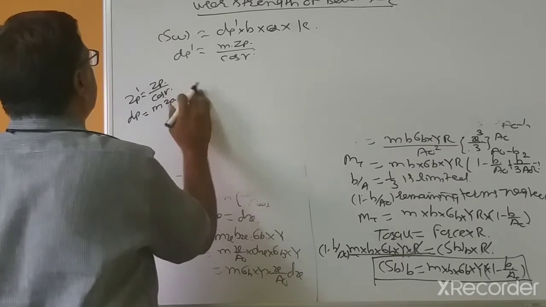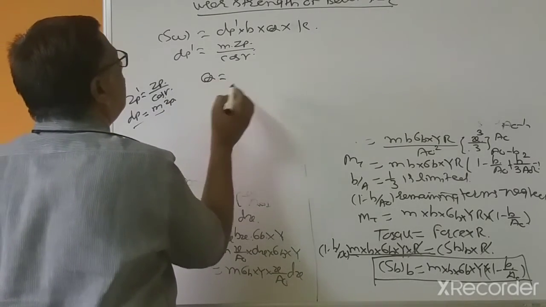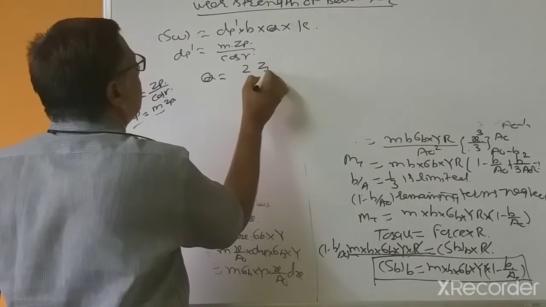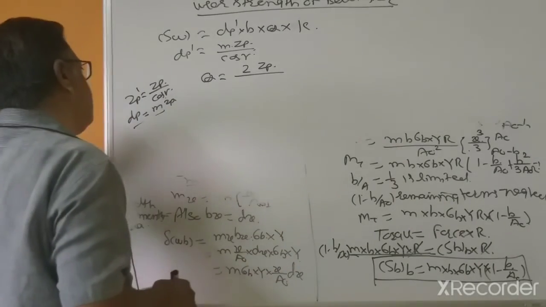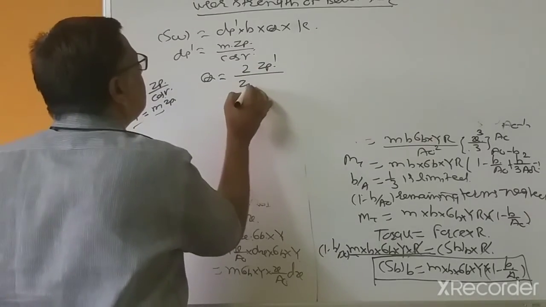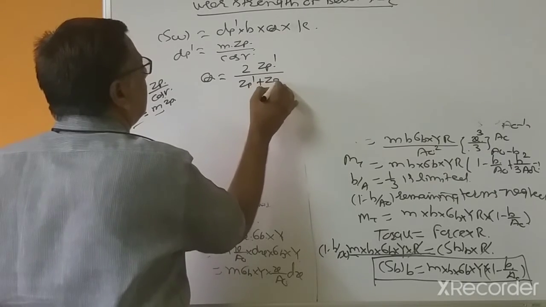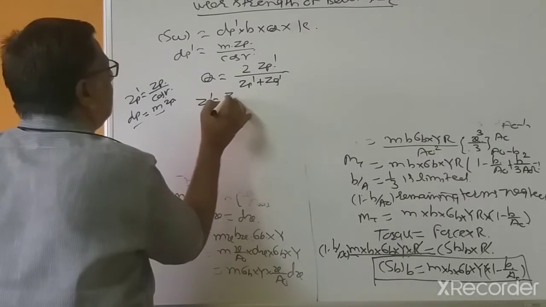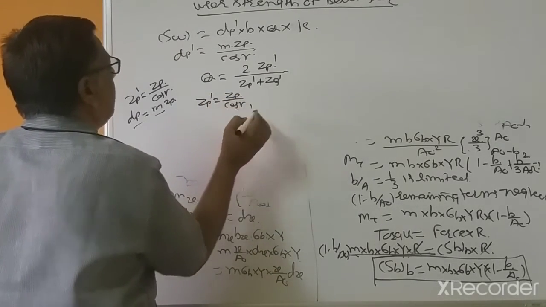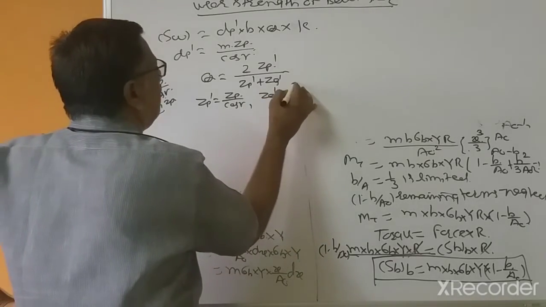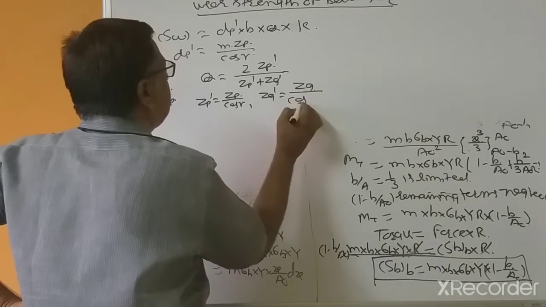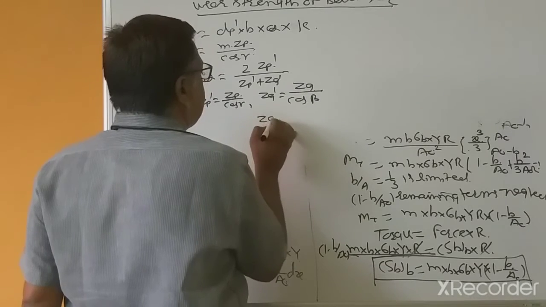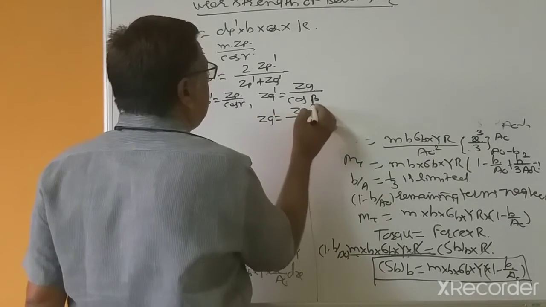and q equal to what is the relation? Actually q equal to 2 into zp dash plus zg dash. Now zp dash equal to zp cos gamma, and zg dash, instead of cos gamma, this is cos beta, so zg dash equal to zg cos beta.